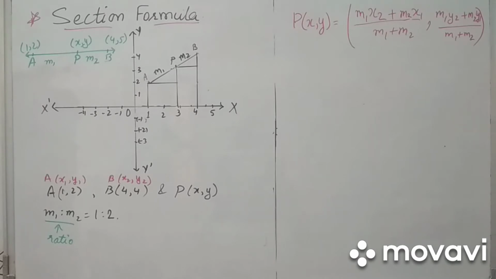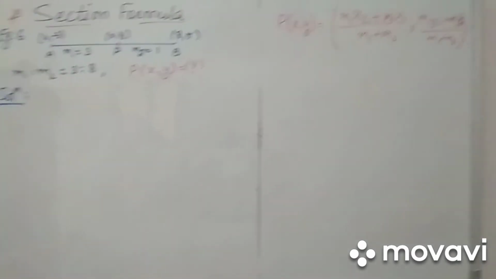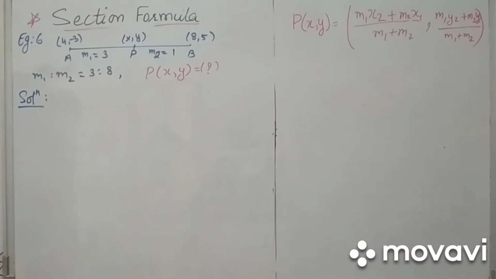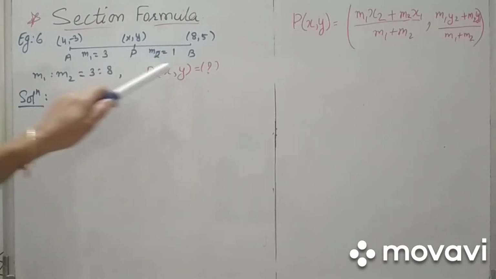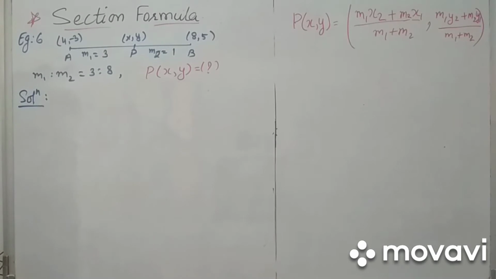Now let us see its application. In example number 6, a line segment is given with the coordinates A as 4, minus 3, B as 8, 5.